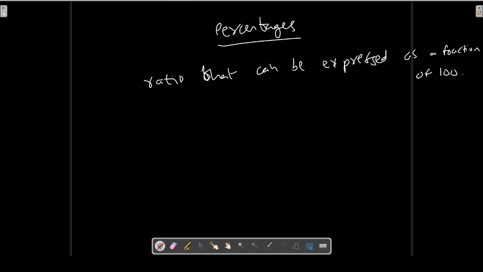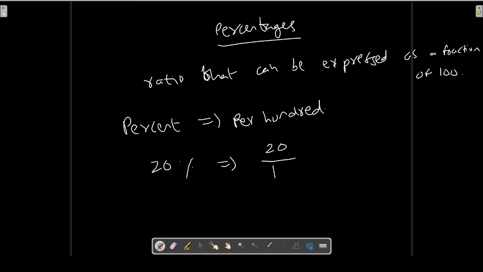In general, percent means per 100. That means when someone says 20%, that means 20 per 100. The value of 20% and 20 by 100 is same because percent means nothing but per 100. That means 20% means 20 by 100.